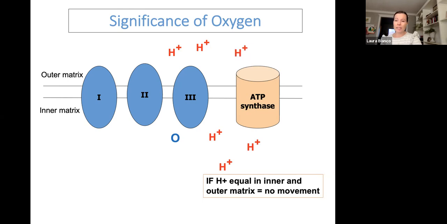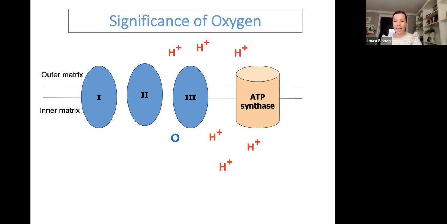So if the number is equal, then there won't be any movement of hydrogen ions anymore. They're not going to move into the matrix. And that's not good, because you want them to move back in, because every time they move back in, they have to go through ATP synthase, and that generates more ATP. And the whole goal of this is to make as much ATP as possible.